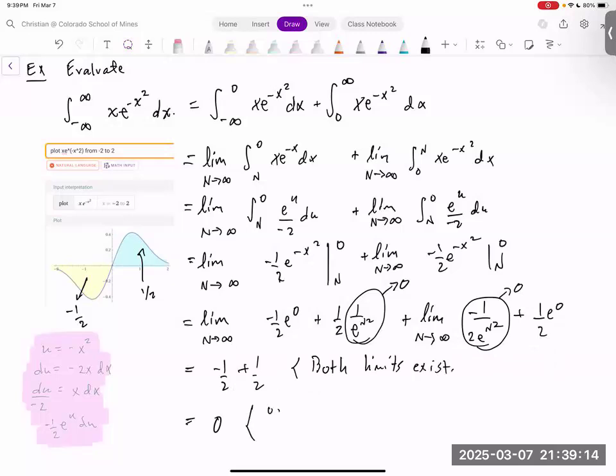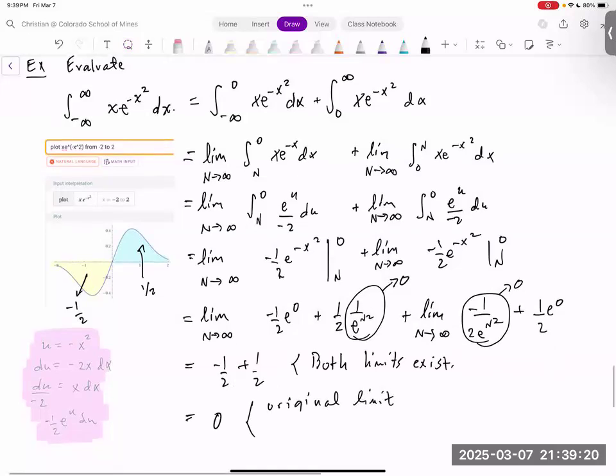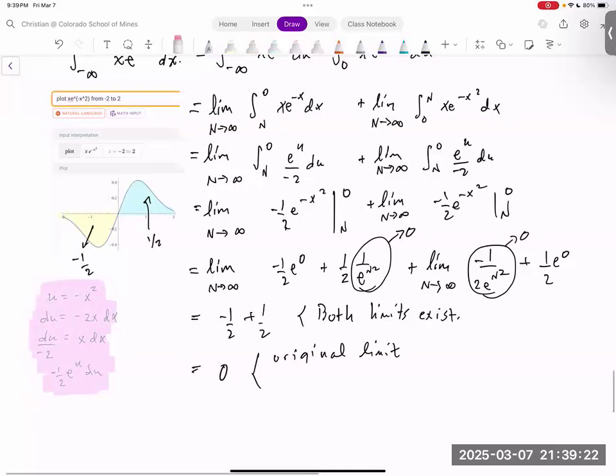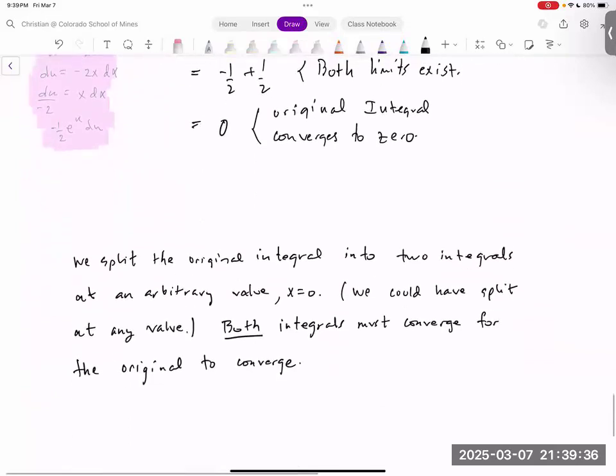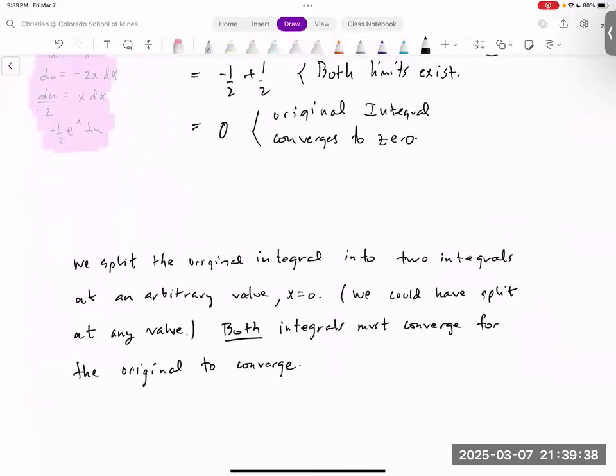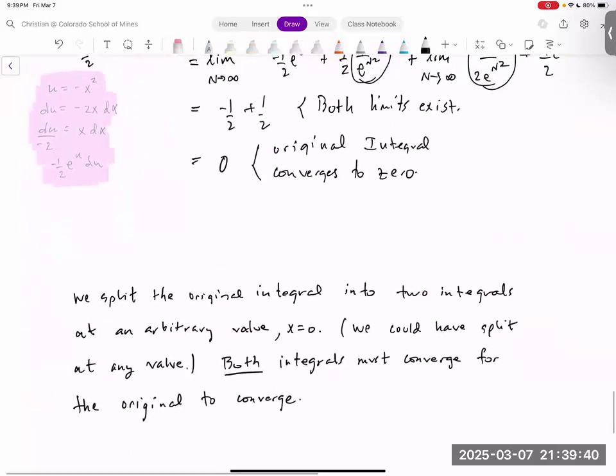As such, our original integral converges to 0.